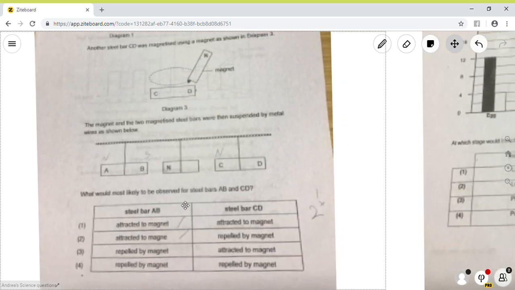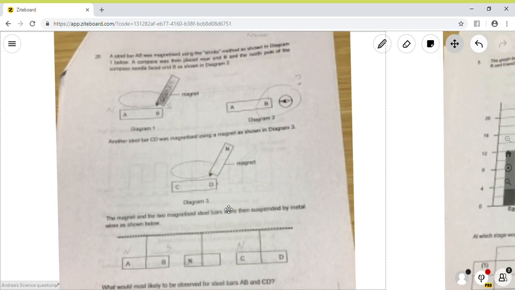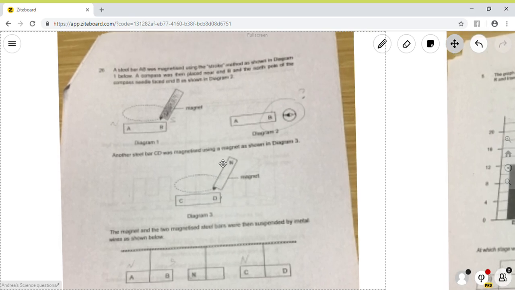What would we most likely observe for steel bars A, B, and C, D? Steel bar AB attracts to the magnet. CD attracts to the magnet. Wait, what did they do to CD? They turned the magnet. In diagram 3, they turned the magnet and magnetized it. So what does this show?